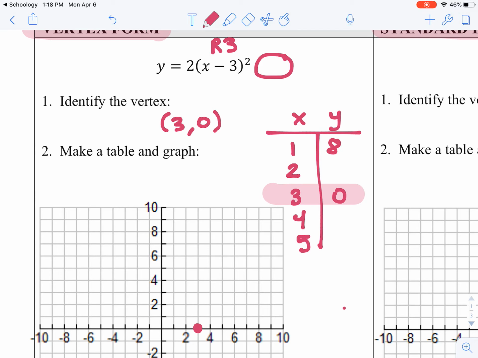So we're going to get our points that we can plot. There we go.